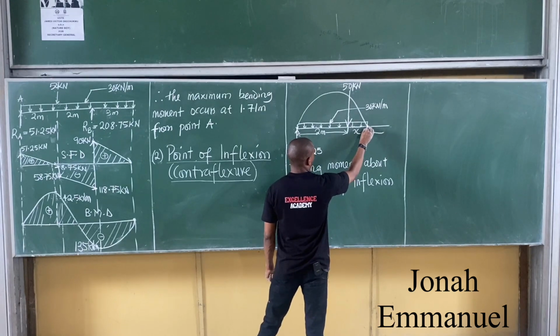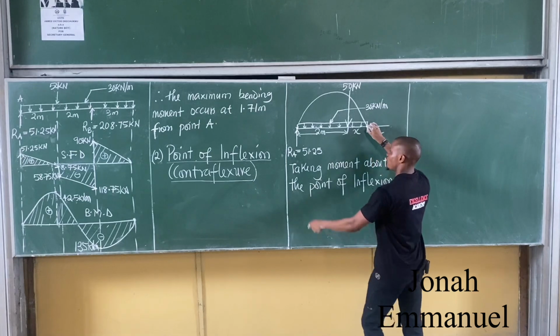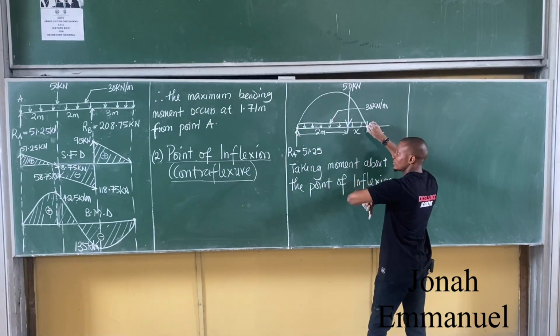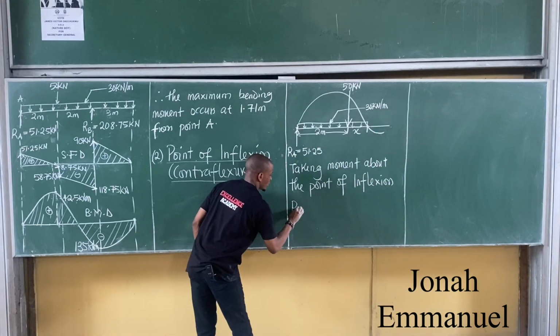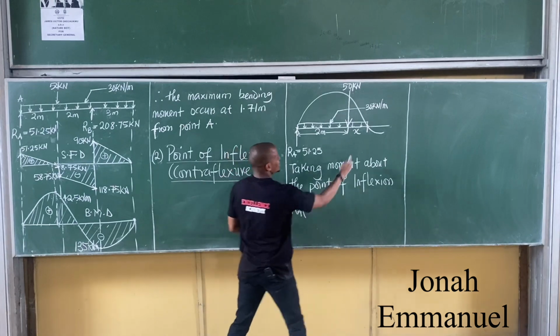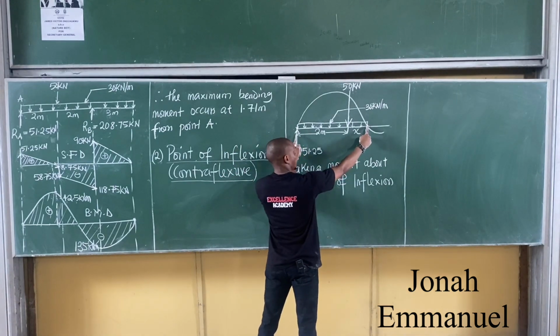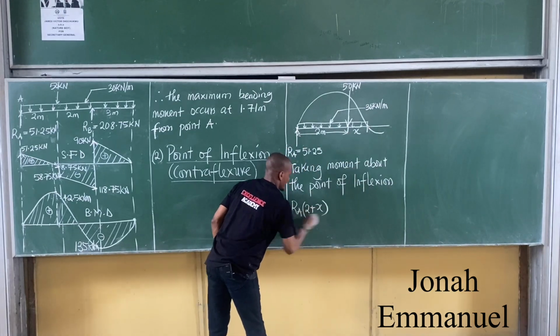I'm considering this point here. So all the forces are coming to this point. First of all, ROA is coming this way. Clockwise or anti-clockwise? It becomes clockwise, so positive ROA times what distance from here to here? 2 plus x.